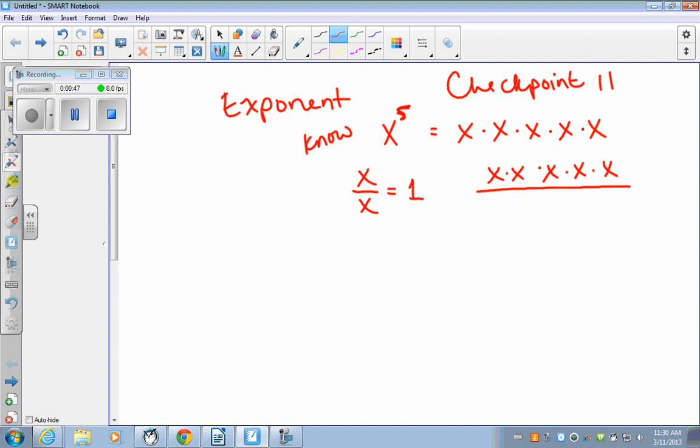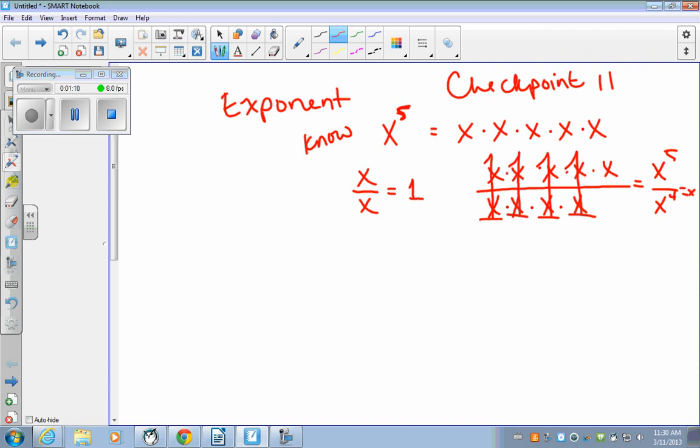It could be 7 times 7 times 7 times 7 or whatever. It could be any number. But if I multiply, for example, this would be x to the 5th over x to the 4th. You know that each one of those x over x's is just 1. So what ends up happening is 1 times 1 times 1 times 1 times x.